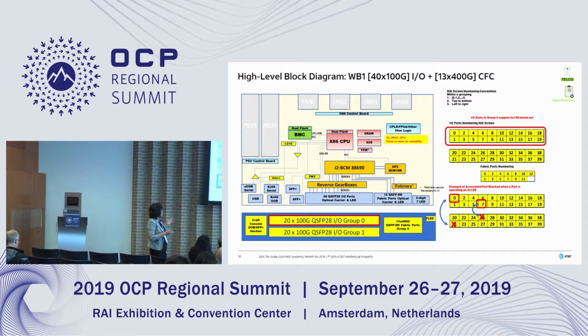Here we specify the port numbering. This is very important because you need to specify it clearly so that the NOS provider that developed the NOS will work with this, because not everybody uses the same convention. So we want to be very clear: it starts with 0, and then how we number it on the 4 rows.